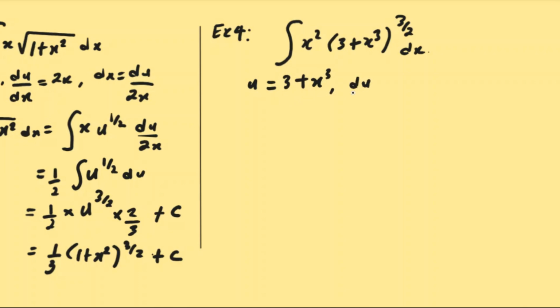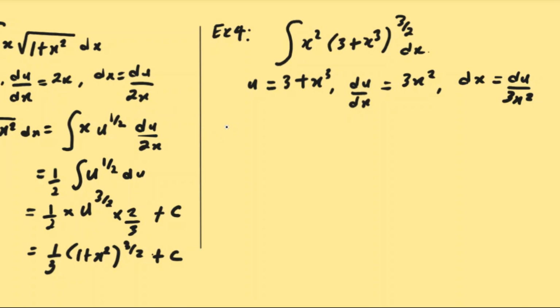Therefore, if we find du dx here, it will give us 3x squared. So if you make dx the subject of the formula, dx will give us du divided by 3x squared.